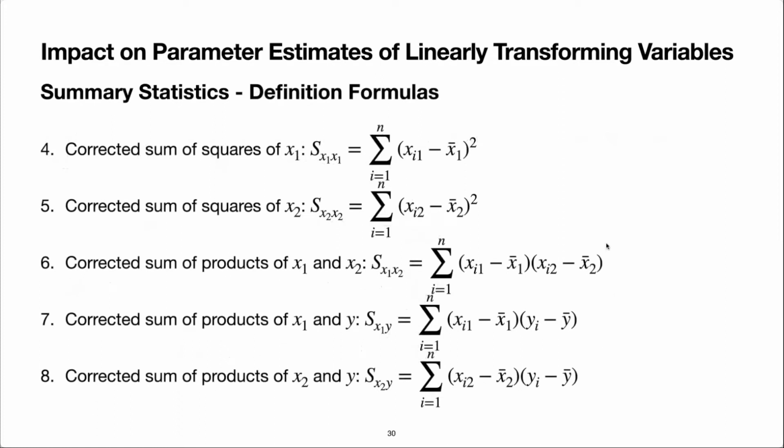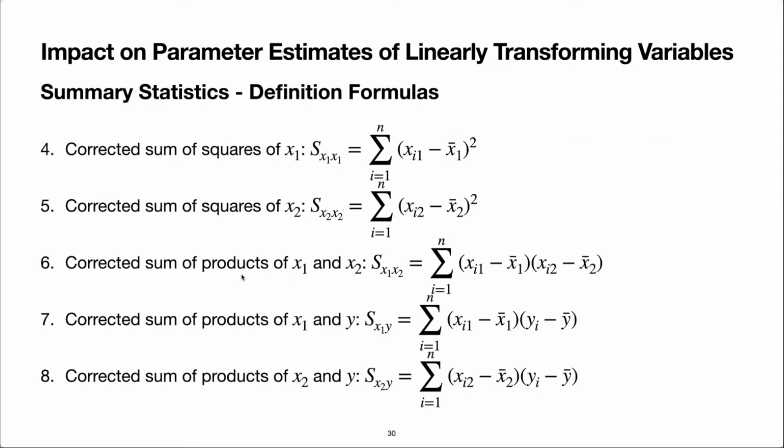All right, then on this slide, we have corrected sums of squares and corrected sums of products that are used. The first quantity here is the corrected sum of squares for the x1 variable, and that is denoted by cap S, subscripted with x1, x1. Then we have the corrected sum of squares for the x2 variable, denoted cap S sub x2, x2.